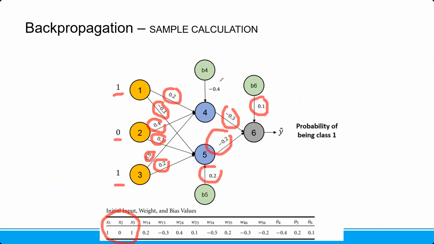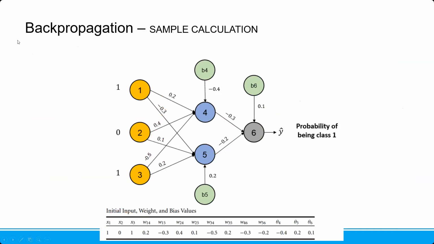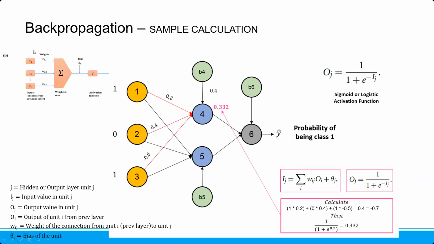After you have this information, now we can do the first step, which is the forward pass, or we call it the feed forward neural network. We go from the input layer to the output layer.